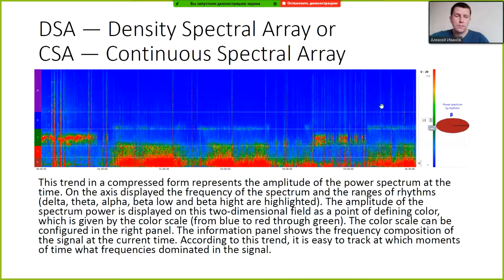Blue color means low amplitude of the spectral graph, red color means high amplitude of the spectral graph. The information panel shows the frequency composition of the signal at the current time. According to this trend, it's easy to track at which moments of time what frequencies dominated in the signal.